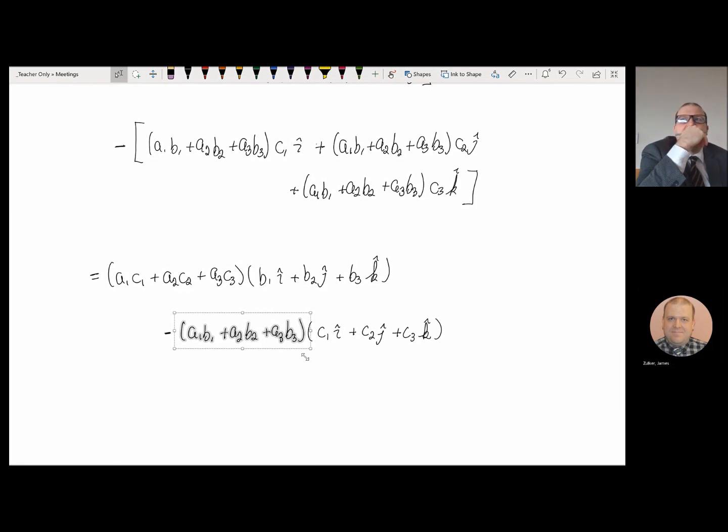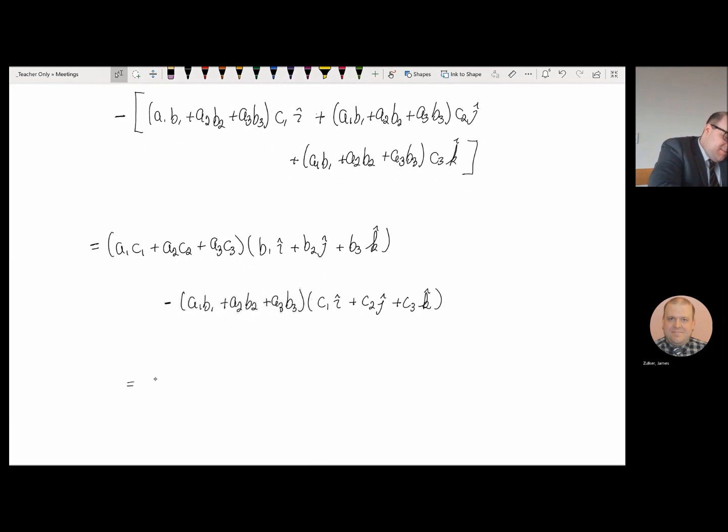And what about that term? Well, ignore the minus in front of it, right? Yeah, that term is just the definition of A dot B, right? Which is exactly what we wanted.